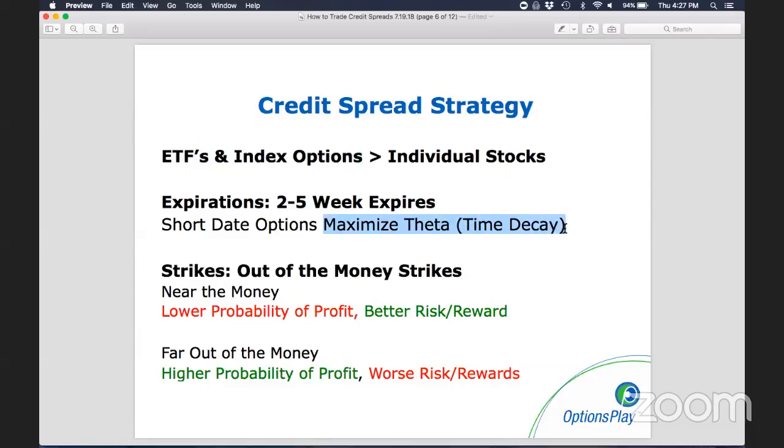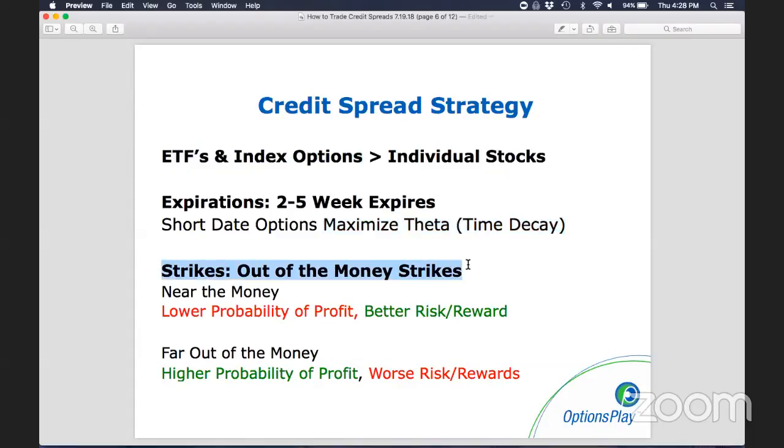When you're selling a credit spread, time decay is working in your favor, and time decay really accelerates within the last couple of weeks, 3 weeks before expiration. So to capture that, you sell short-dated options to capture as much of that theta decay as quickly as possible. If you sell a 3-month option, it's going to decay much, much slower than an option that's only 3 weeks from expiration. That's why you generally choose short-dated options.